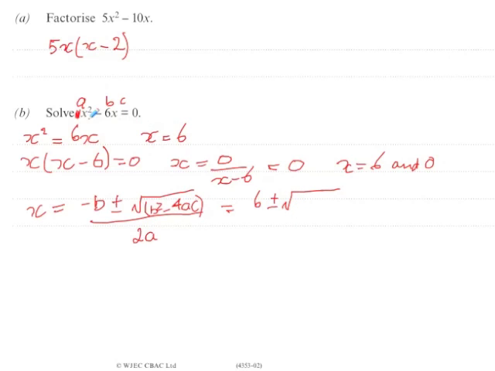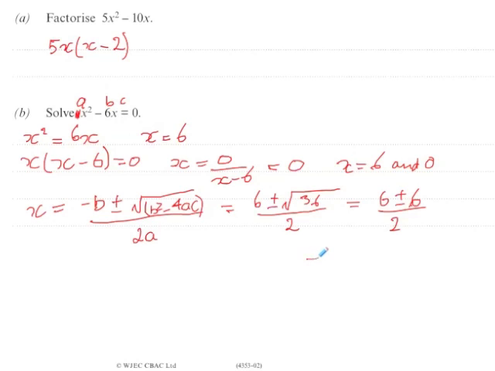Minus 4 times 1 is 4, times c is 0, so that's 0, so we're just left with the square root of 36 all over 2 times 1, which is 2. Square root of 36 is 6.